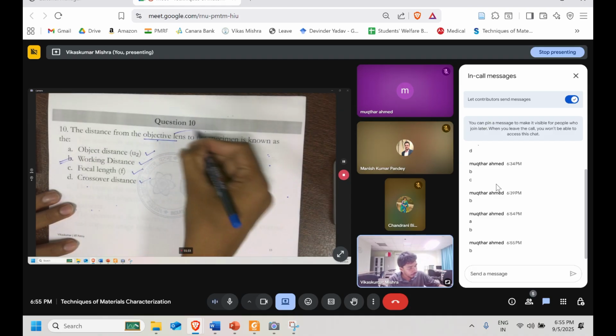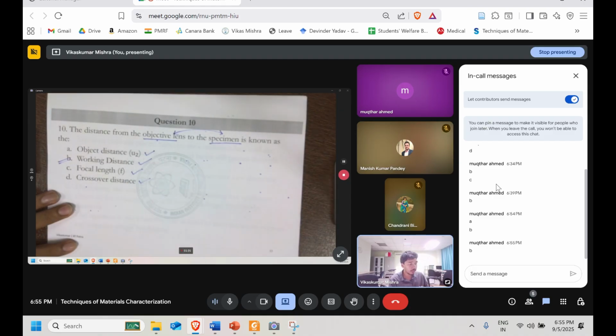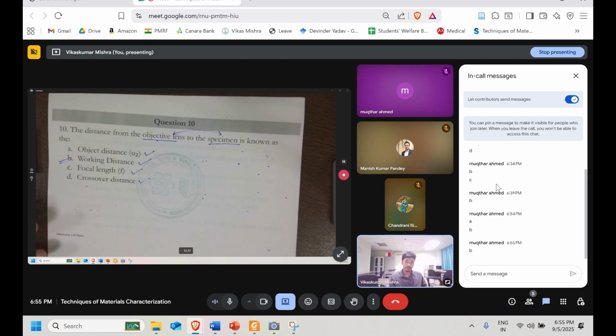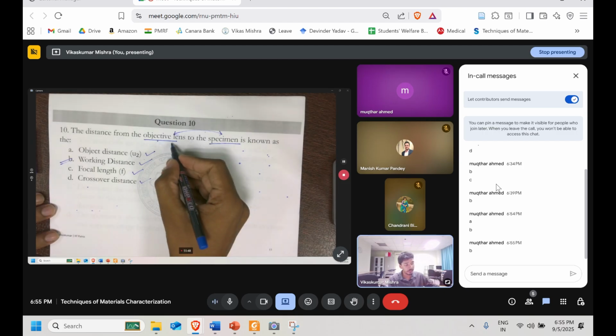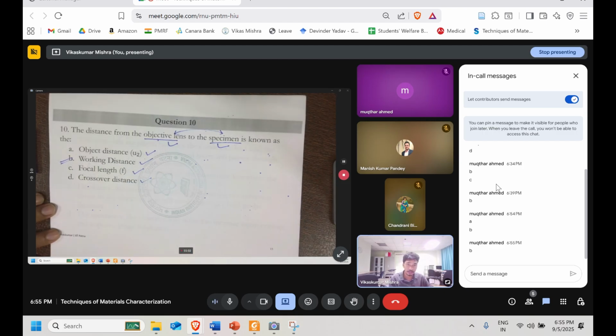So this distance is very important. The distance between the objective lens and the specimen is very important because in SEM, if you are not able to focus, this is one of the handles by which you can alter the optics, and you can increase, let's say, the resolution.